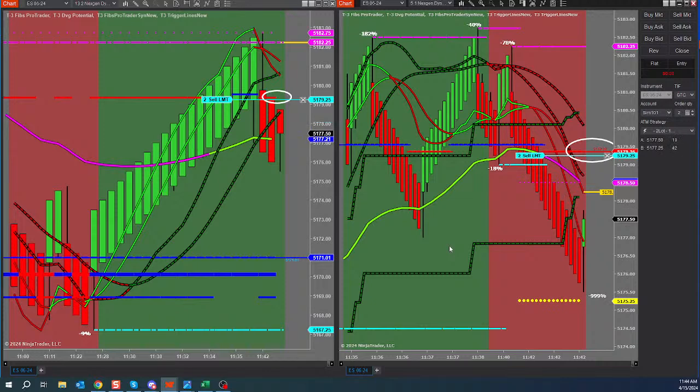No. I've decided. Look at my small chart, guys. But my small triggers are red. Are you sure? Because I really want it to go down. I really need it to go down.